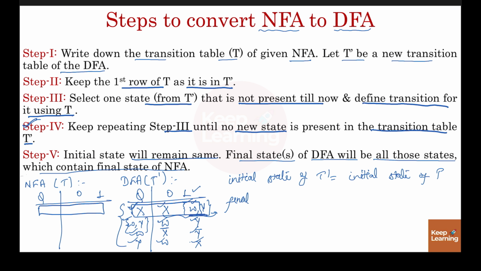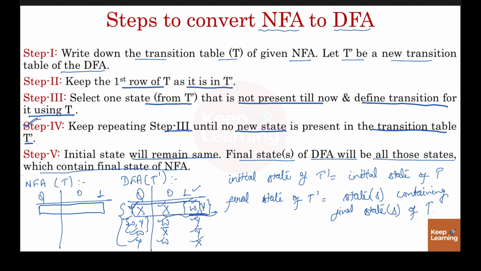So the final states of T dash will be the states containing a final state of T. So these are the 5 simple steps to convert an NFA into a DFA.